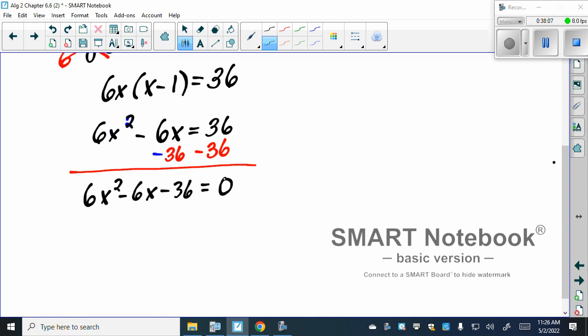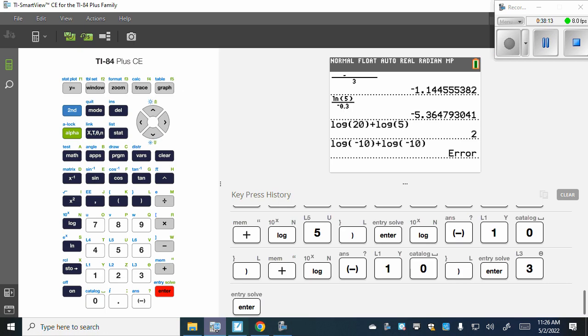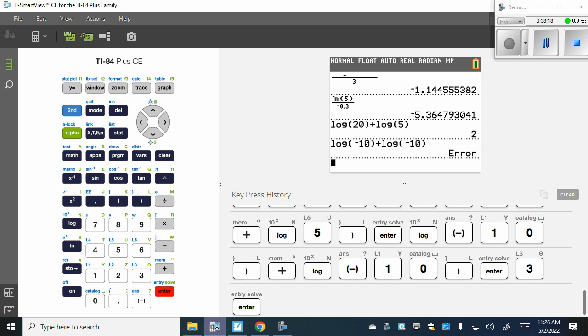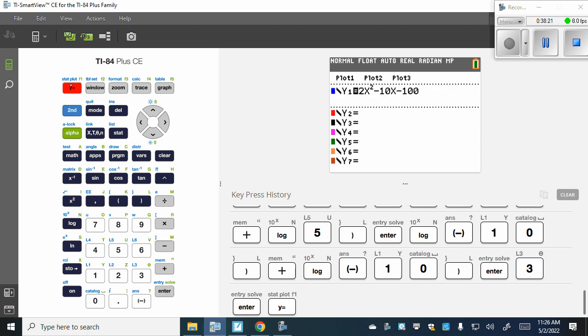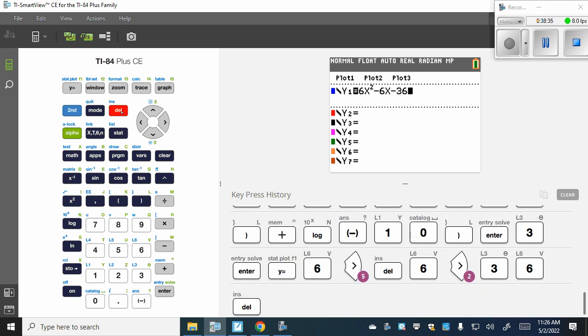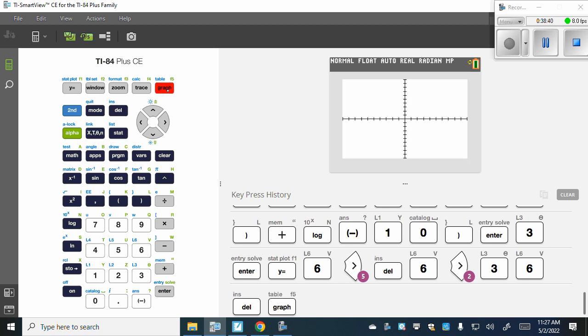Now at this point here, we could try to graph it, use the quadratic formula, or factor it. We can graph it. And we can type it back in, 6x squared minus 6x minus 36 equal to 0, yes? We can hit graph. Nicely enough, we do look like we have two whole number points.